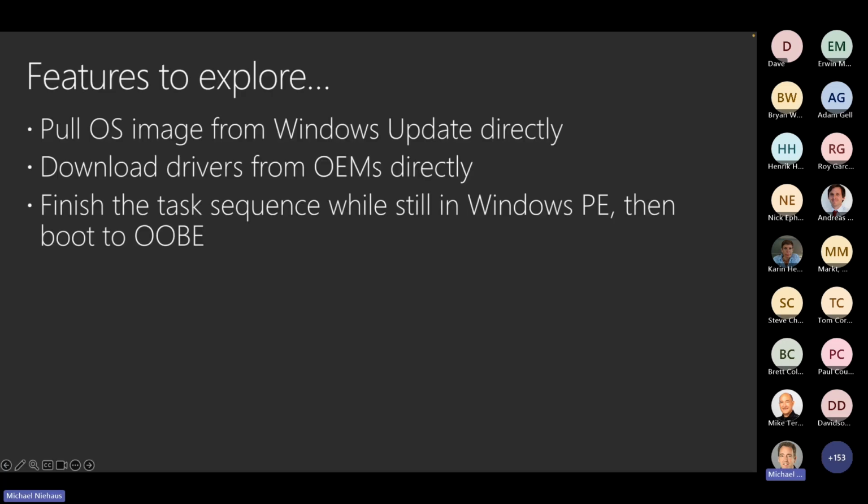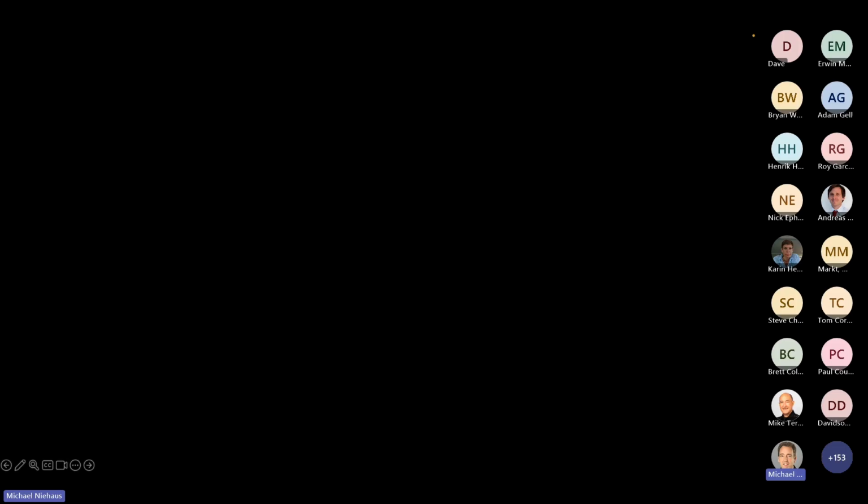So if we then go to a device, we'll see that process go through. But the idea is that we'll let Autopilot then take over to do the remaining process.